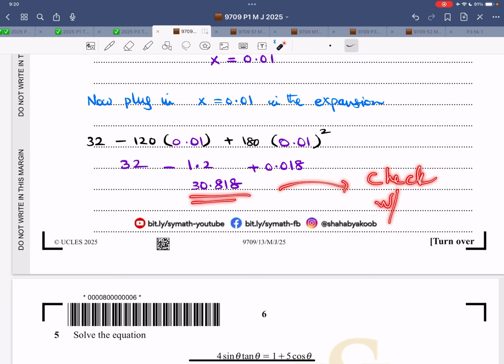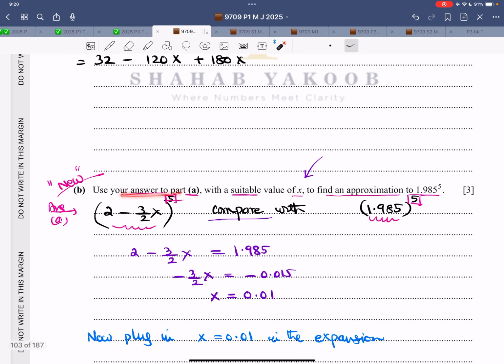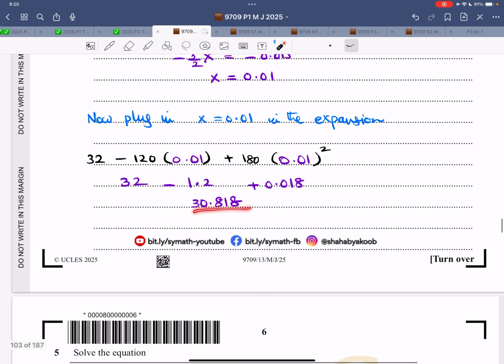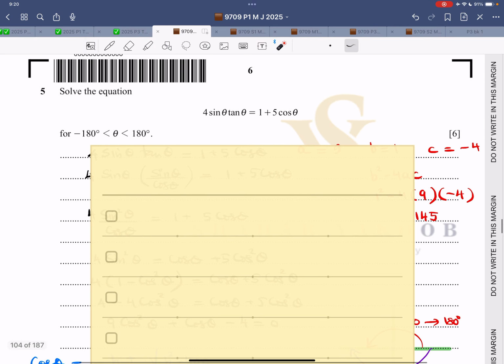Because they want us to use this, they are not just asking 1.985 raised to power 5, that answer is almost as close as this. I think it is 30.817 or 819, something like that. So of course this is all clear. You have checked it before even the examiner starts checking.